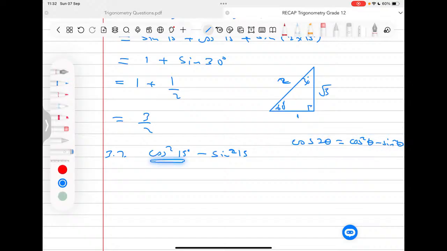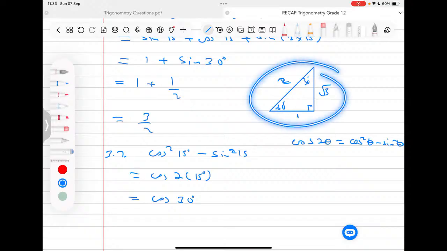And I'm having here cos squared theta, sine squared theta. It means I can rewrite this as a cos of 2 times the 15. I'm taking it back to this identity, it has to be double the angle when it goes back. Now, this would then mean that I'm going to have a cos of 30 degrees.